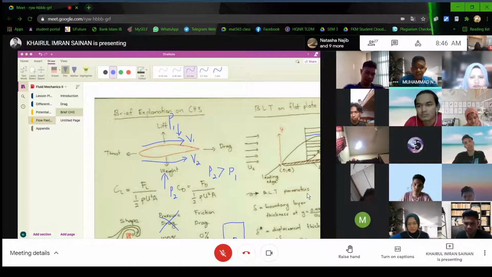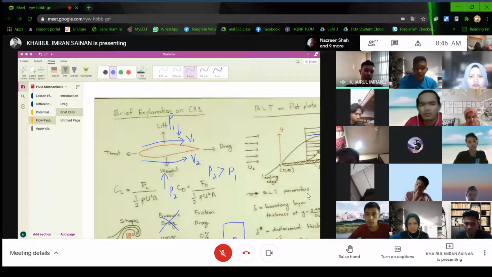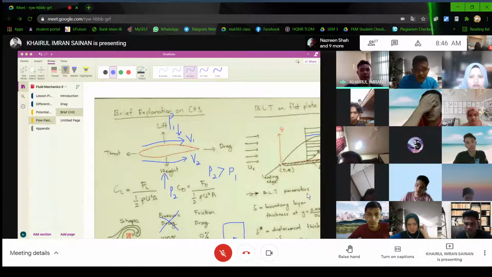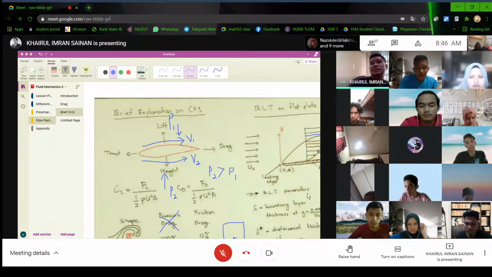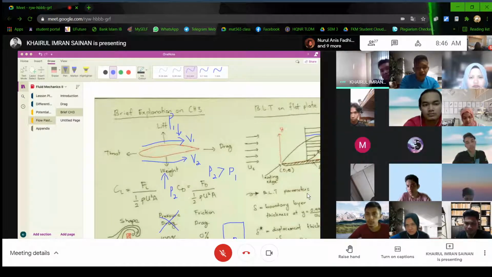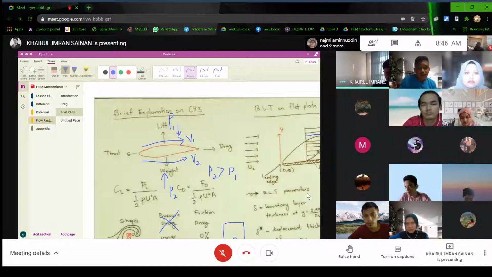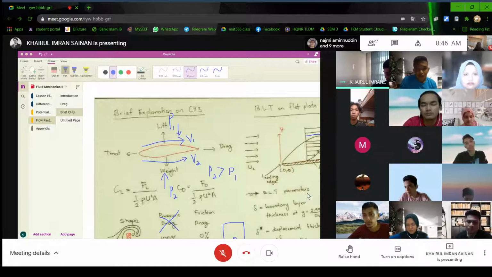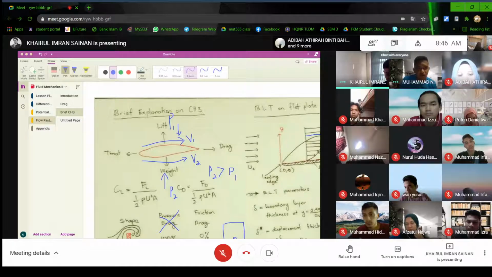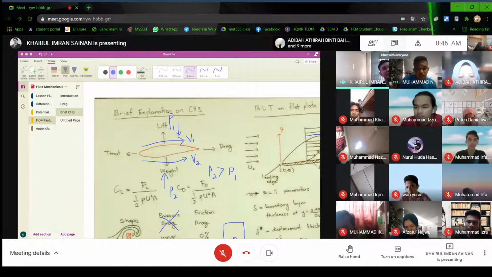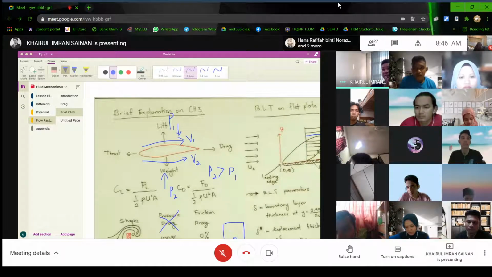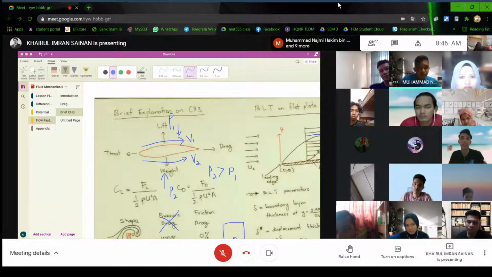Get me the curb weight or the weight of 747, Boeing 747. Which one is larger, 747 or 777?